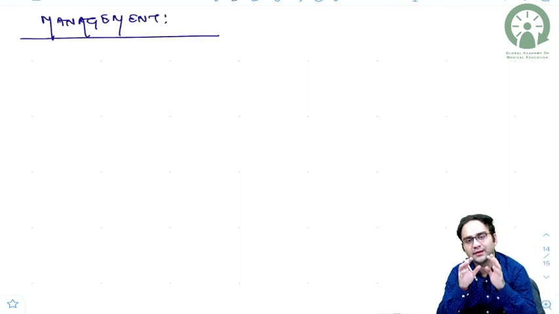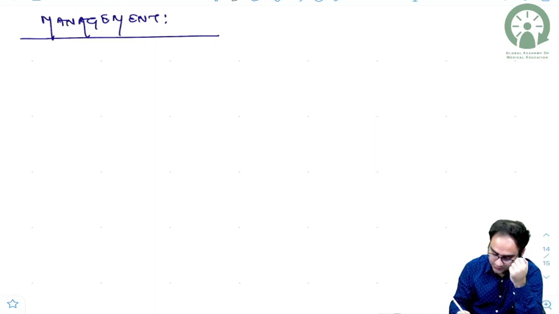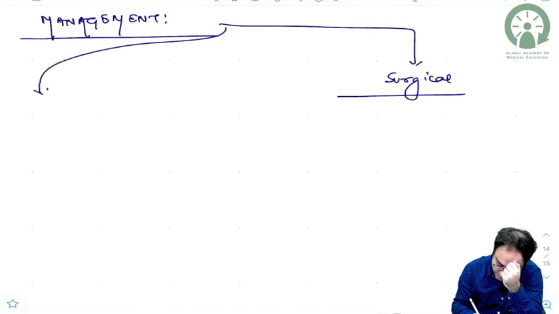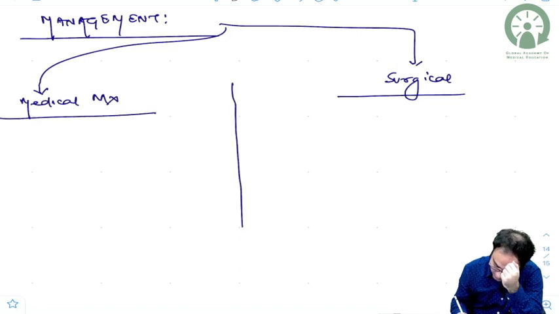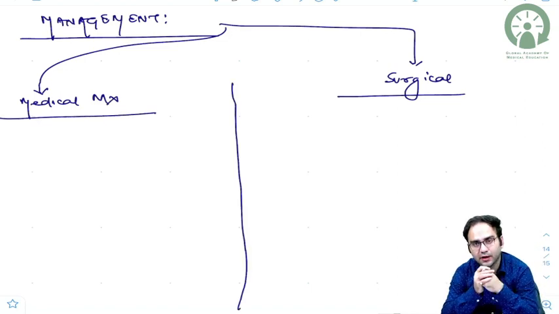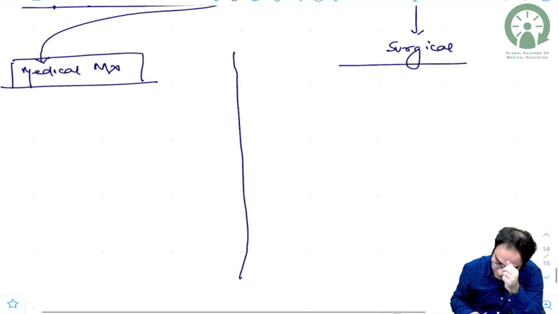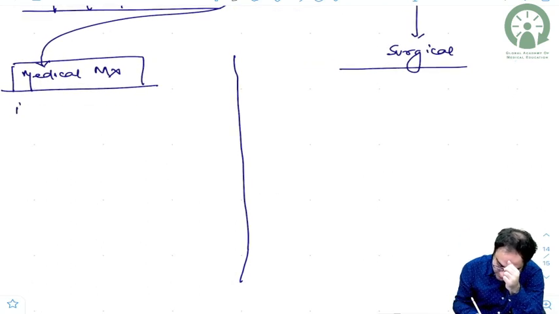How will you manage a case of mitral stenosis, right? It can be divided into surgical and medical management. Now, medical management is as important as surgical management. I mean, prior to surgery, you need to do medical management, right? Okay. So, what do you do in the medical management? Number one, you have to decrease the heart rate.